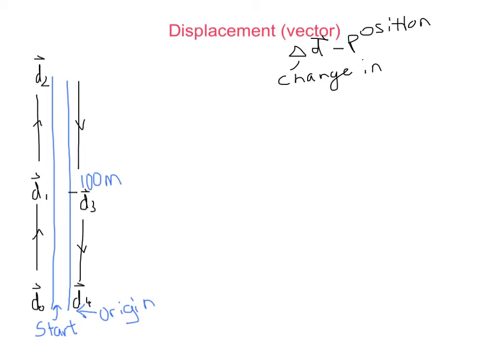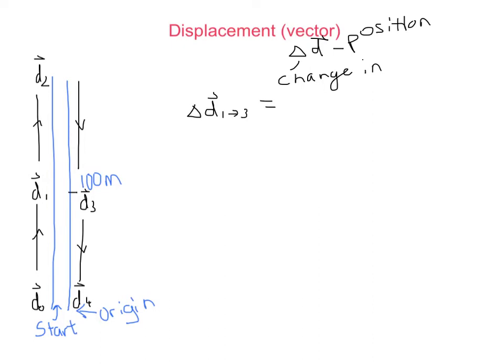So that means if I want to find delta D, I have to know which points I'm finding the displacement for. So for instance, maybe I want to know the displacement between D3 and D1. So the change in position going from the first to the third position.